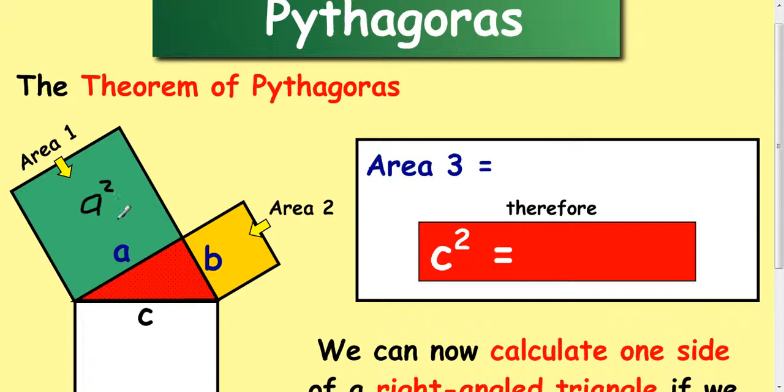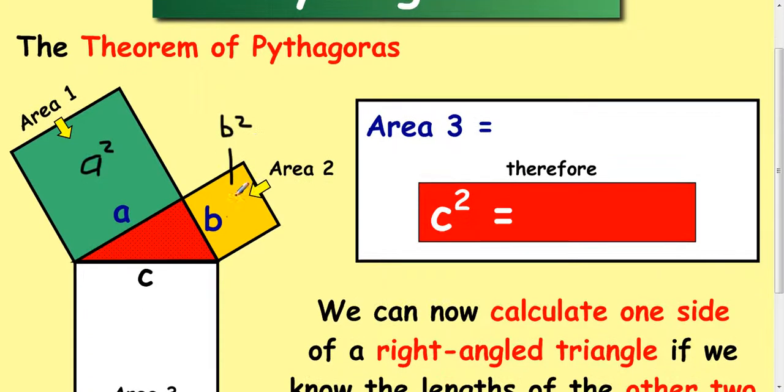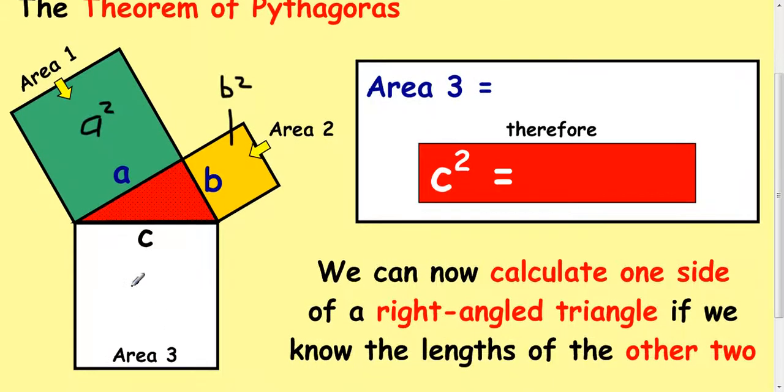So that could be A squared, A times A for the area. And this area in the yellow could be B times B, so that could really be written as B squared. And this area at the bottom is C times C. Take that as C squared.